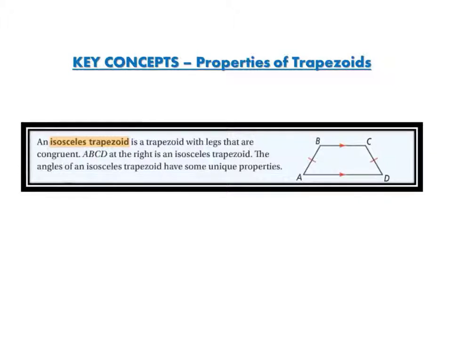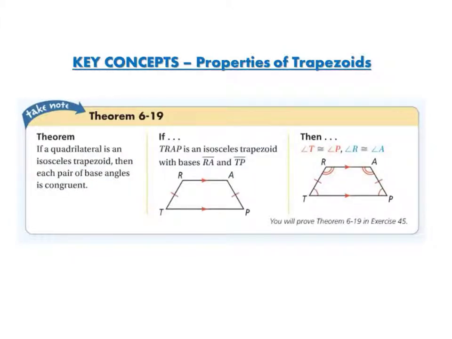An isosceles trapezoid, again, has parallel bases, but their legs are congruent. They're exactly the same. And the angles of an isosceles trapezoid have some unique properties. Which brings us to this theorem.